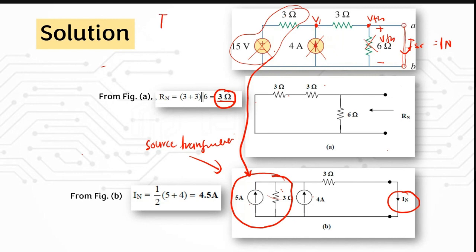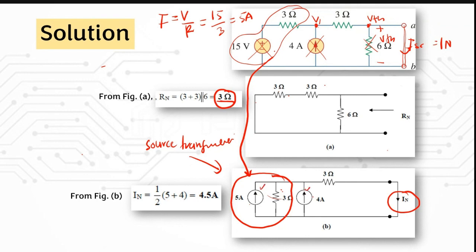So in order to get the current, V over R, 15 over 3, you get the 5 ampere, and then it's in series with these 3. From here you know that your current is here, right?